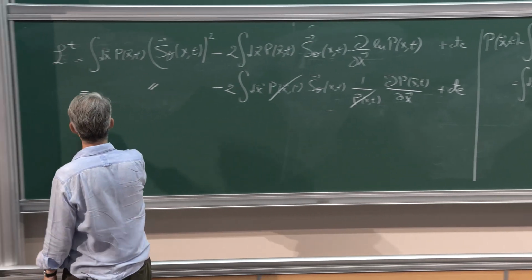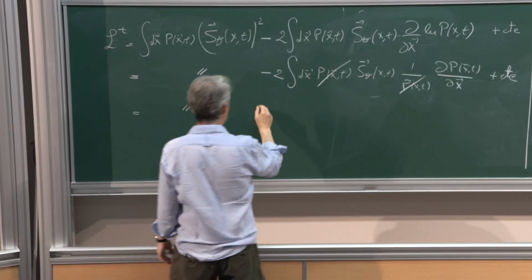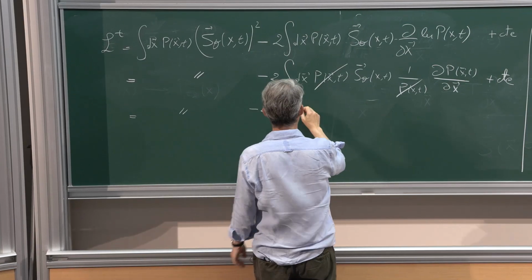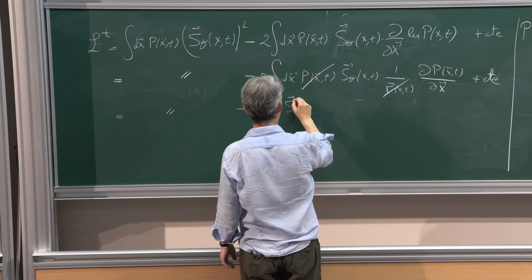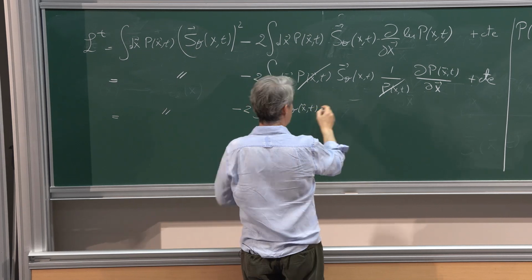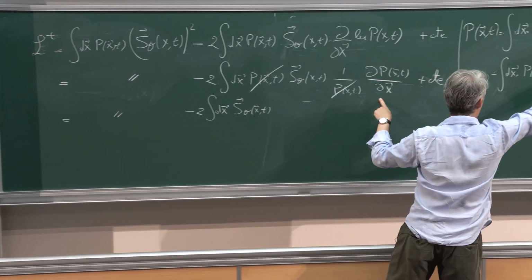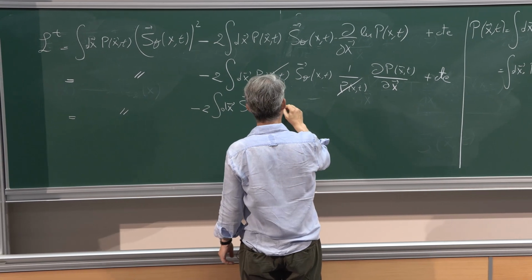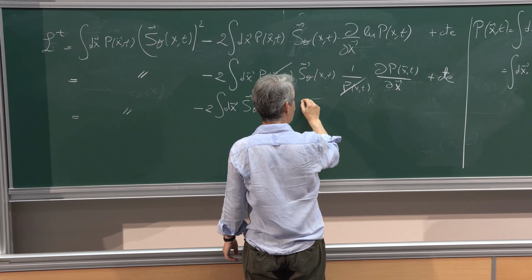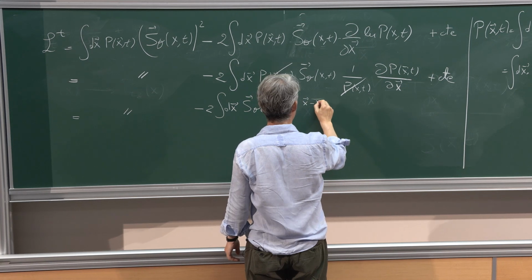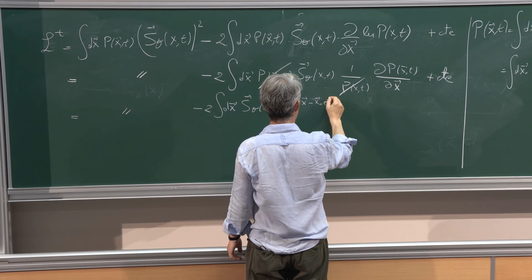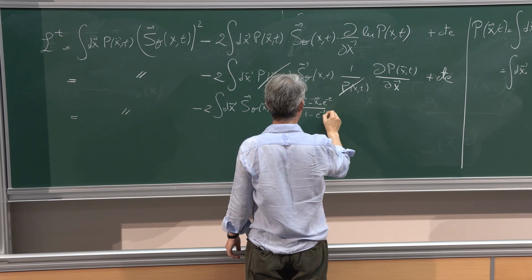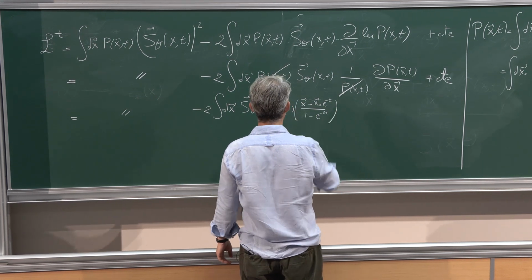So what I get here is the same term minus twice the integral over dx, and then I have s theta of x and t. And then when I take the derivative with respect to x, what I get is that there is a minus x minus x0 exponential minus t divided by 1 minus exponential minus 2t, which comes down.